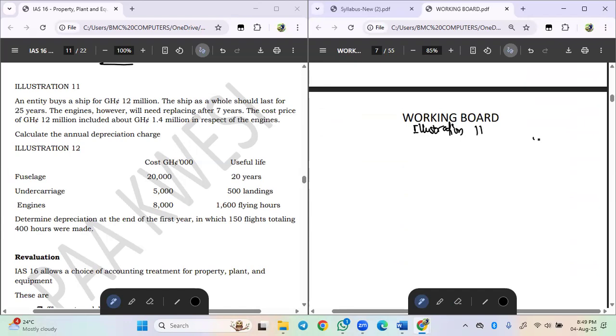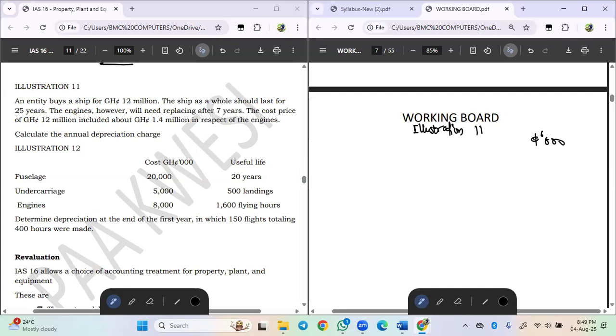Let's cut off 3 zeros. An entity buys a ship for 12 million. The ship as a whole should last for 25 years. The engines, however, will need replacing after 7 years.